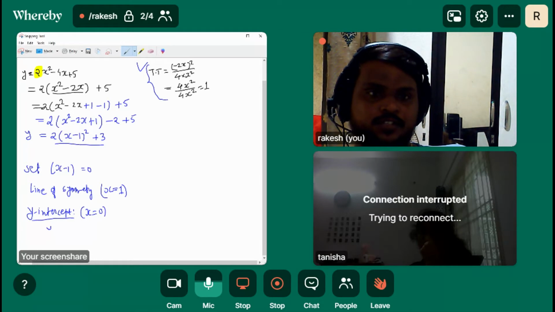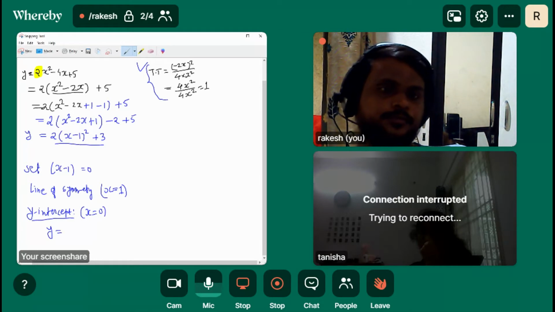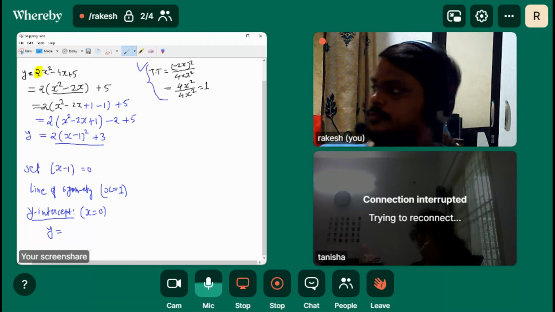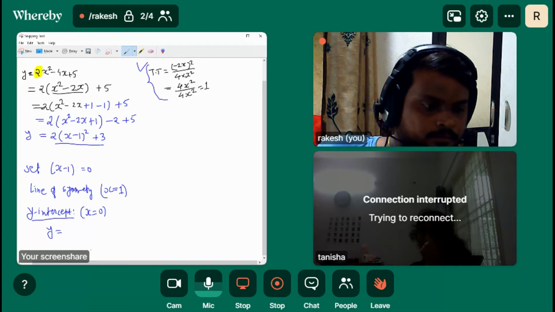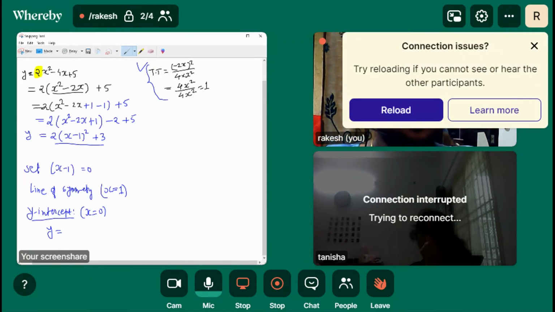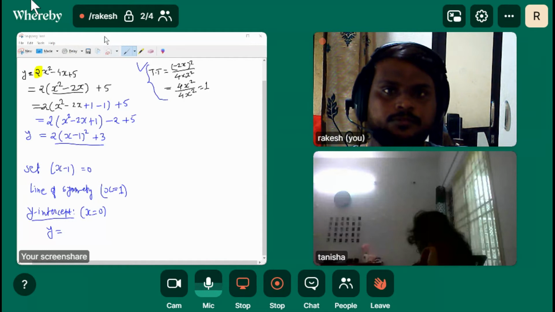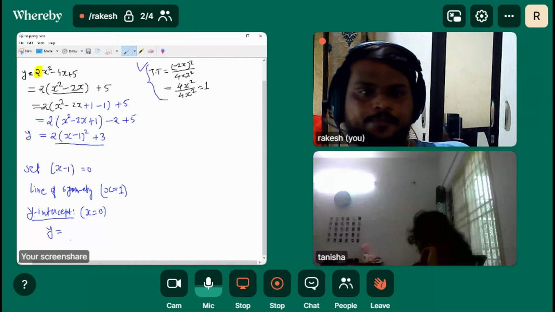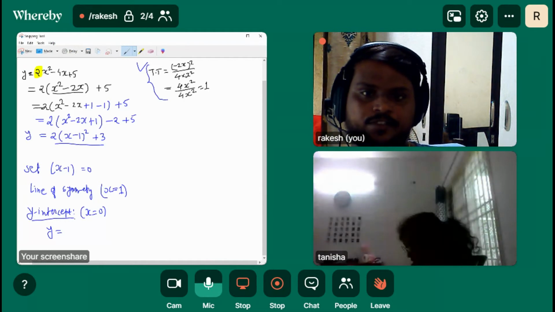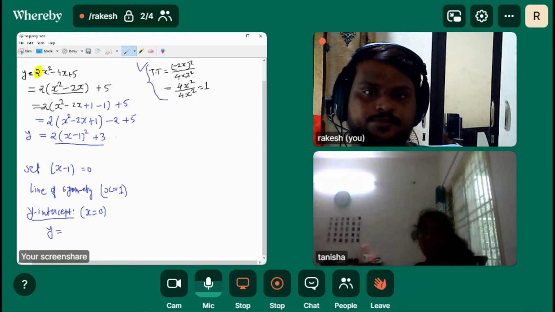So when we put x is equal to 0 in this equation, in equation 1, what we get, y is equal to 2 into 0 minus 1 the whole square plus 3.